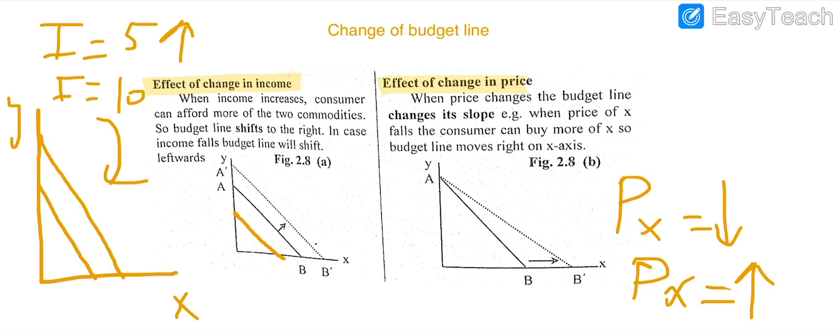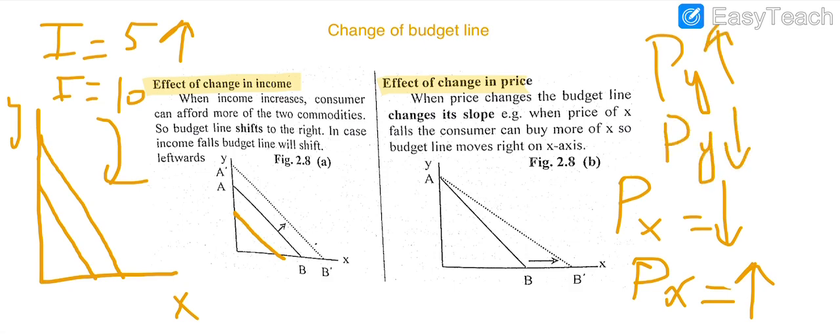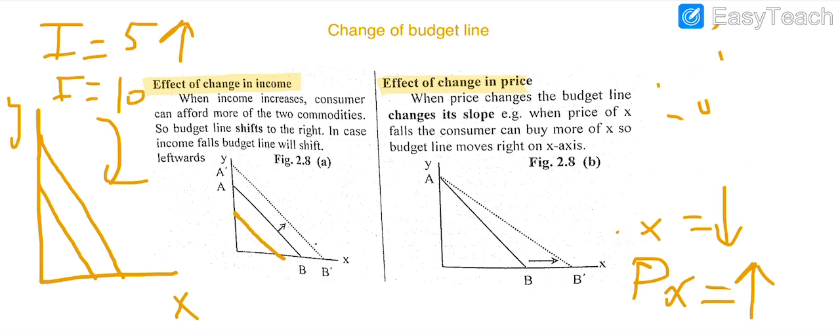You can see here, if the price of Y increases or decreases, this budget line will rotate in the case of Y. Then at this point X will be fixed, while on Y it will rotate when the price of Y increases or decreases. I can show you what will happen in the case of Y.